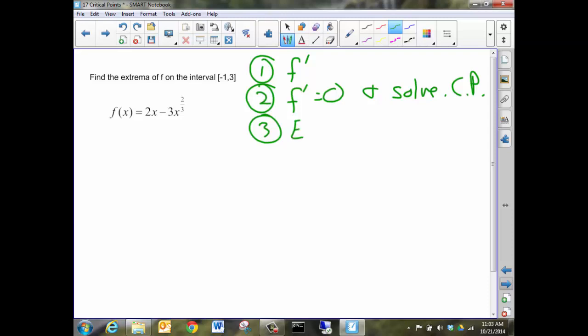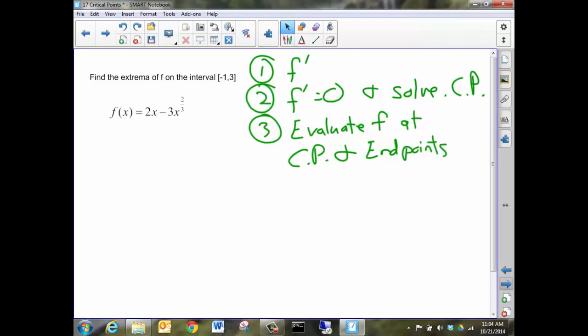We're going to evaluate f at critical points and endpoints. Okay? See what you can do. So find the derivative, set it equal to 0, solve for critical points, and then evaluate the function at the critical points and the endpoints. And let's see what you can come up with. See if you can get a nice solution for me there.